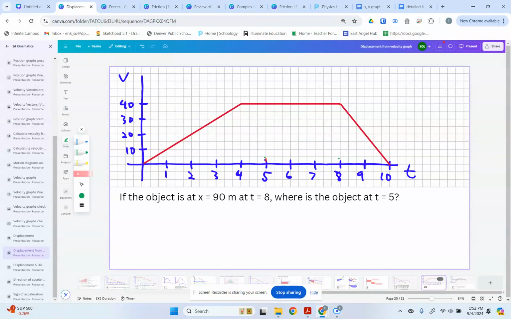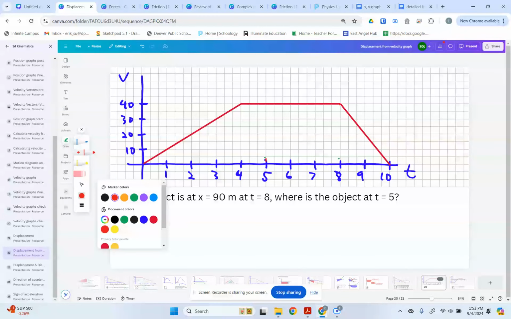Be very clear. That position I gave you, which is 90, right? Is that a final position or initial position? Some people are saying final. How did you know that was a final position I gave you? Oh, because that's at the later time, right? So you need to think of this as x as final position, right? At t equals 8. And then clearly you need the initial position at t equals 5, right?